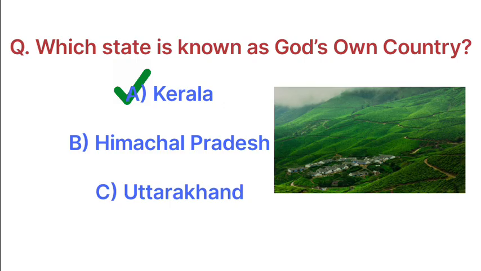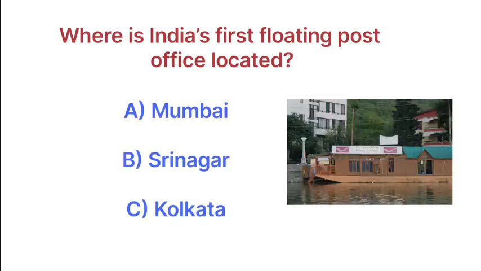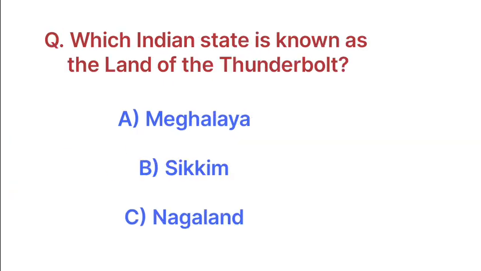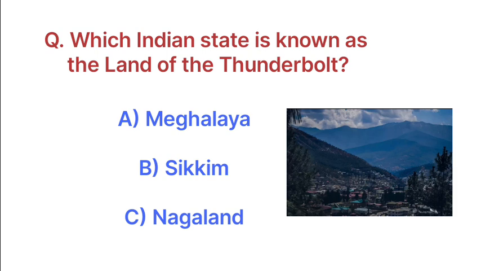Answer: Kerala. Where is India's first floating post office located? Which Indian state is known as the land of the thunderbolt?